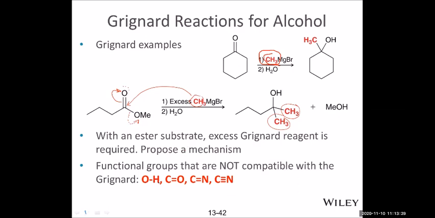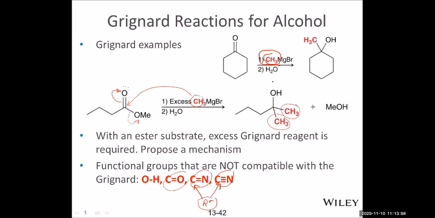So if the molecular structure of the starting material has a carbonyl or a carbon-nitrogen bond, which is also very polar and unsaturated, the Grignard reagent will attack those. The negative charge of the Grignard reagent will attack these two carbons and give you some product that we do not want. So the Grignard reagents can give us alcohol by reacting with the carbonyl group.